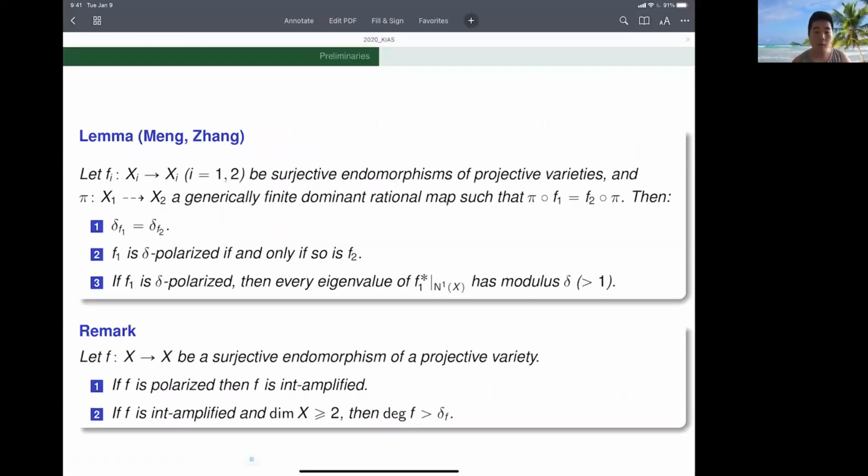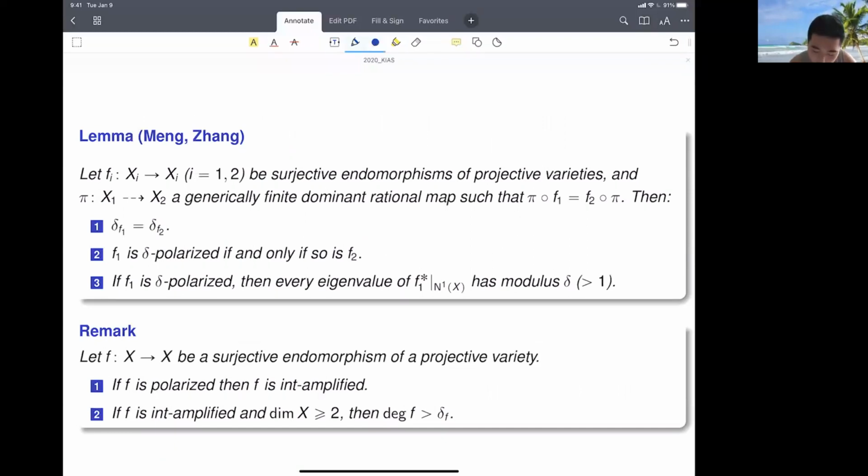This is a lemma. This lemma is collected from different papers. They are proved by Dr. Sheng Meng and Professor Zhang. Let F_i from X_i to itself be surjective endomorphisms, and we have a generically finite dominant rational map denoted by pi from X1 to X2, such that pi composed with F1 equals F2 composed with pi.